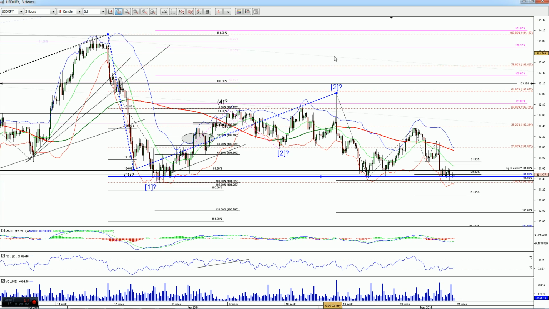What I did now, I used the Fibo lines and measured the length of 1 through 3, and then placed it at the extreme of the fourth wave. And now you can see the market is reacting at 61.80.